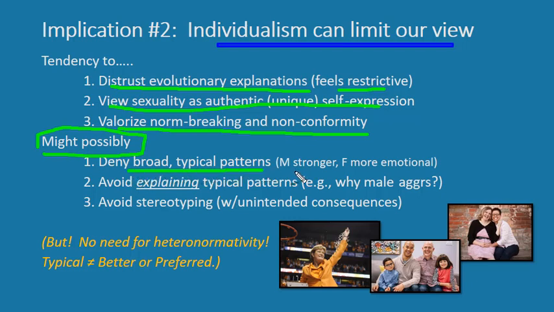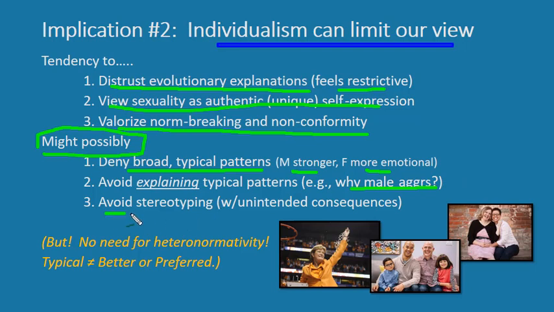So the idea that, statistically speaking, males tend to be a lot stronger than females, and females tend to be more emotional. We might then avoid explaining typical patterns, like why males are aggressive. We might want to attribute it to culture, because then it feels like it's more flexible and something that we can alter. But that might not really be what the data are leading us to.